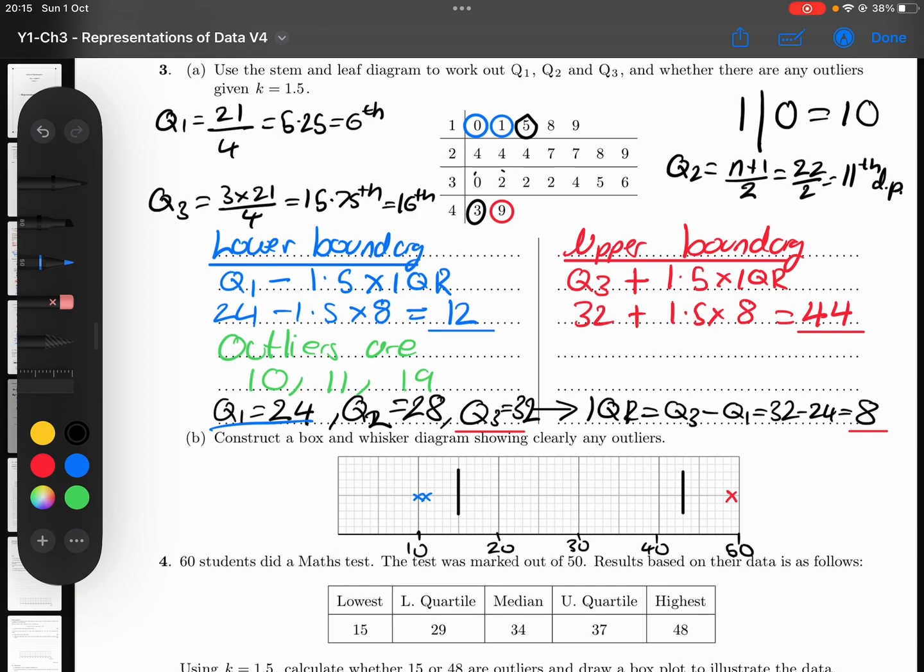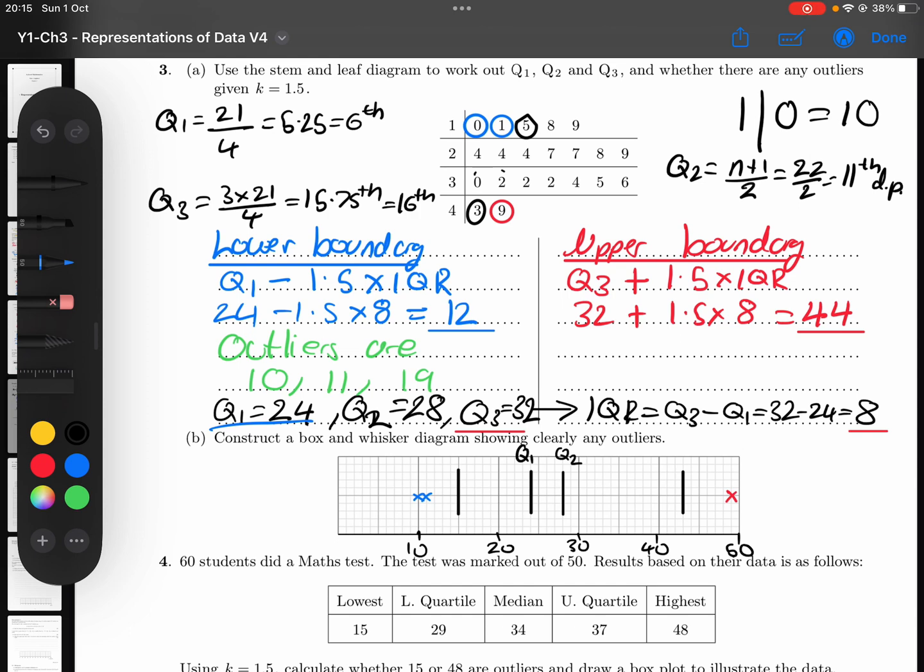And then we need to plot on our quartiles and our median. Well, our lower quartile was 24, Q1. Our median was 28, Q2.